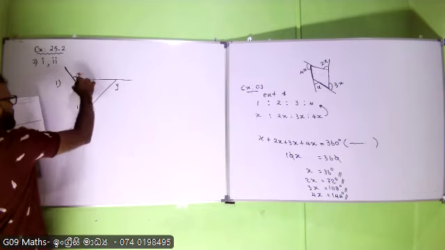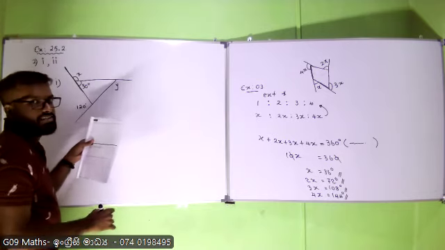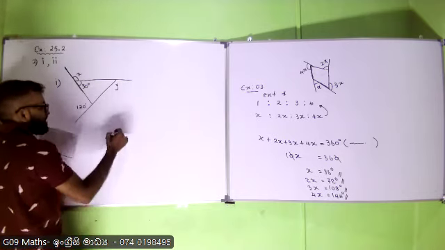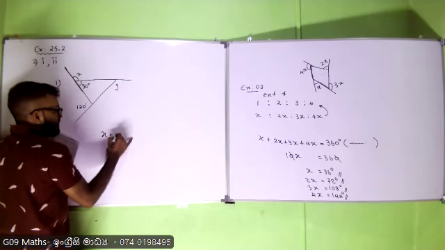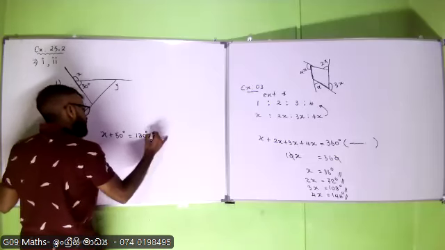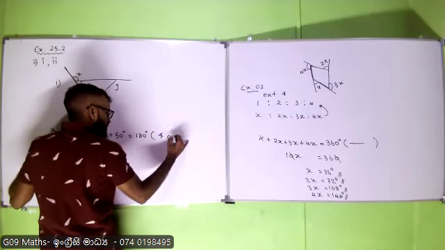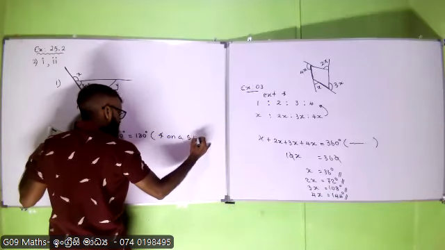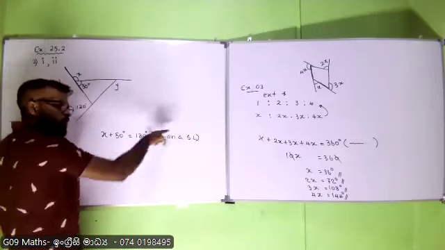Both are on a straight line. So you can write x plus 50 degrees equals 180 degrees. What is the reason? Angles on a straight line.